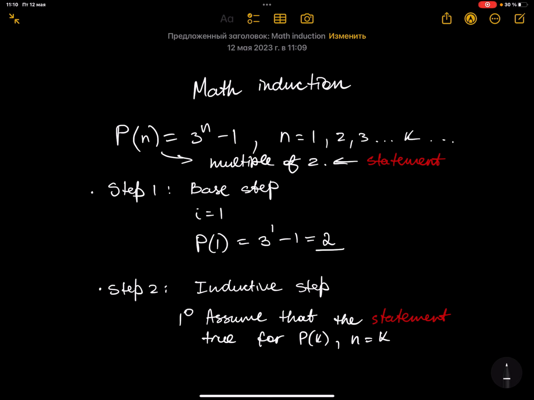So you assume that for n equals k, Pk's value is a multiple of 2.